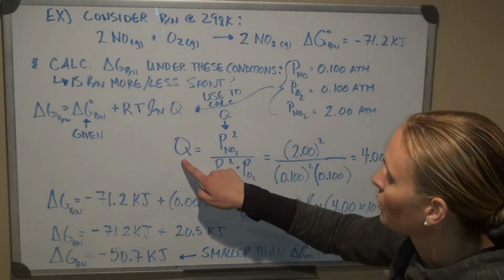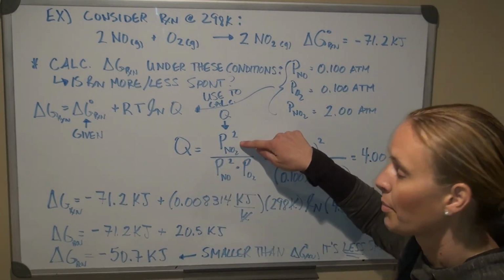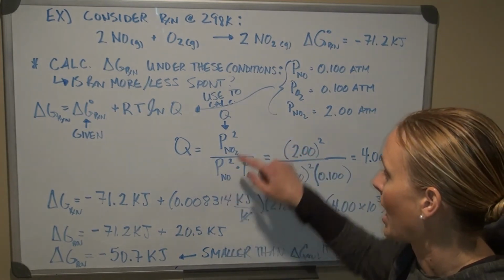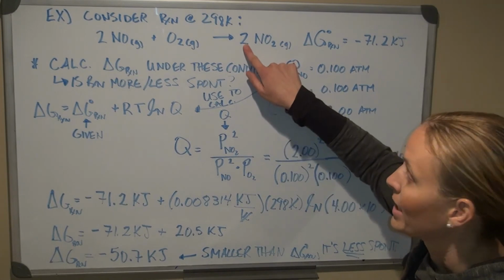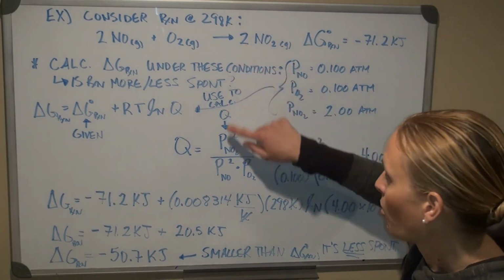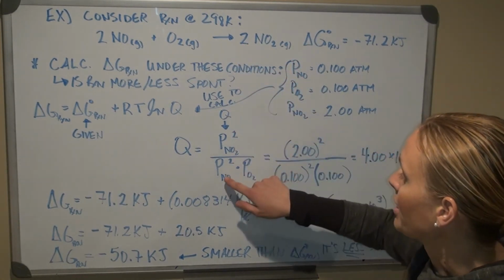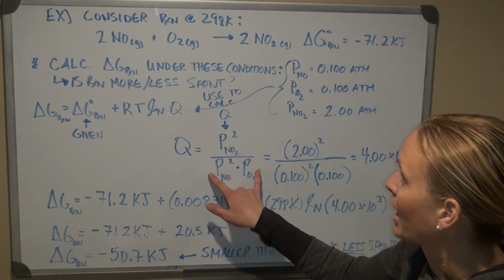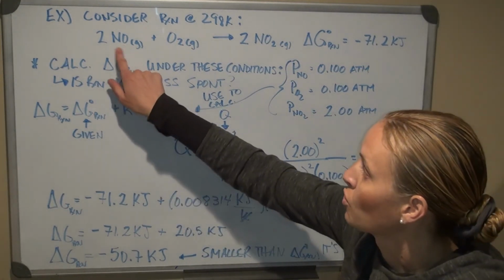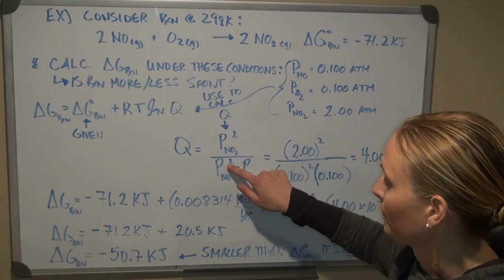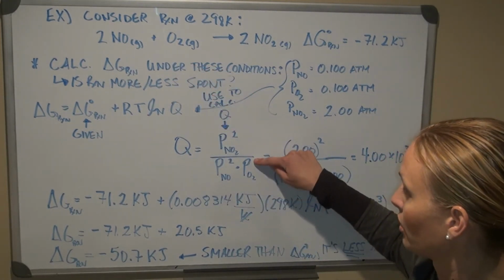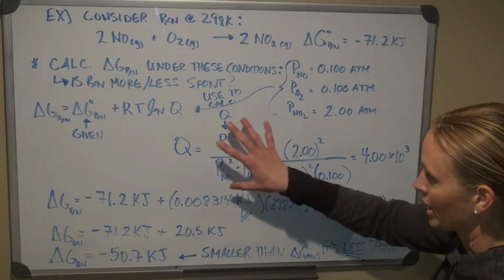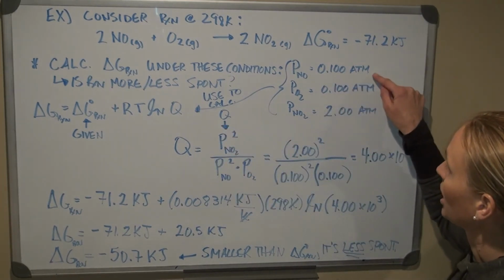So Q is equal to the pressure of NO2 raised to the second power for 2 moles, divided by the pressure of the reactants, which is going to be the pressure of NO raised to the second, times the pressure of O2, and that's just to the first. So that's my expression, and then now I'm just going to plug the numbers in.